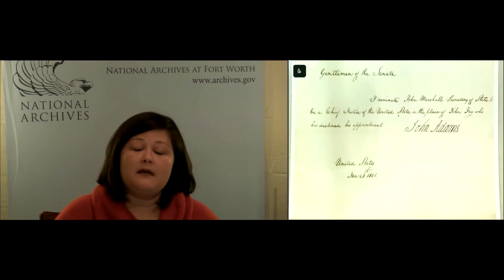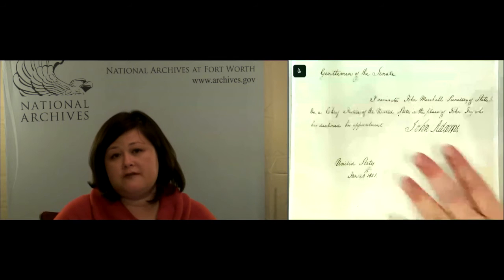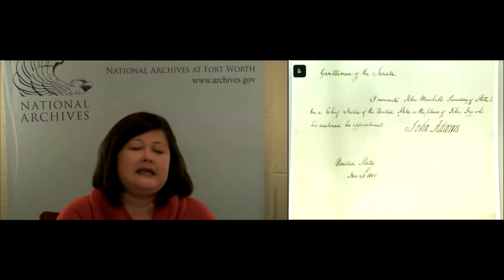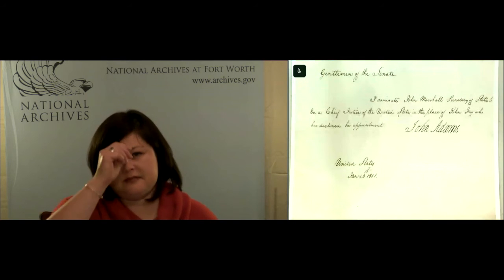John Marshall was appointed by Adams to the Supreme Court, and Marshall served as a Supreme Court justice and later the Chief Justice, and he served for over three decades. He really set up the Supreme Court and the judicial branch as a branch that was equal in power to both the executive and the legislative branch. And he set a lot of precedents in the Supreme Court.